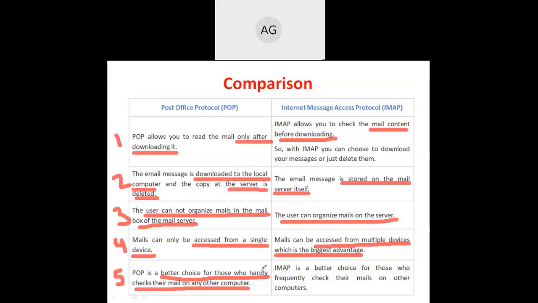So they are much more concerned with the security feature. So POP is the better choice for those persons. Whereas IMAP is a better choice for those who frequently check their mails on other computers as well. So these are the major points of difference between the IMAP and the POP protocol.